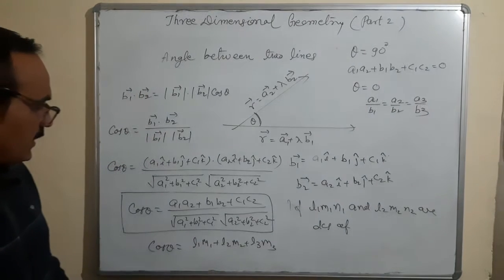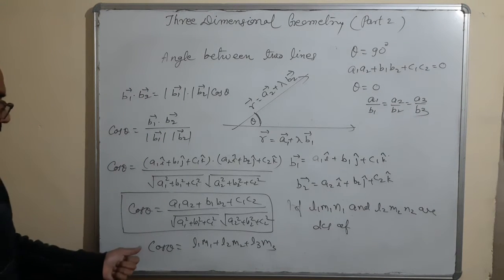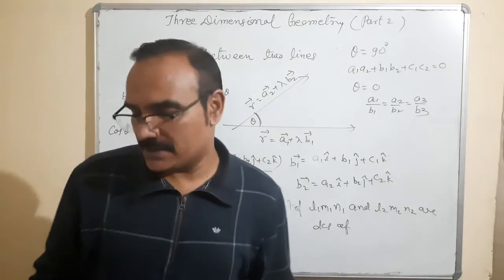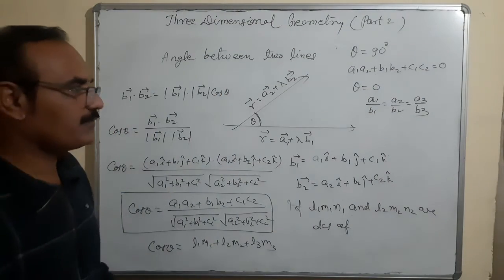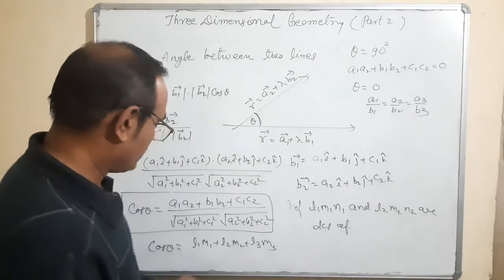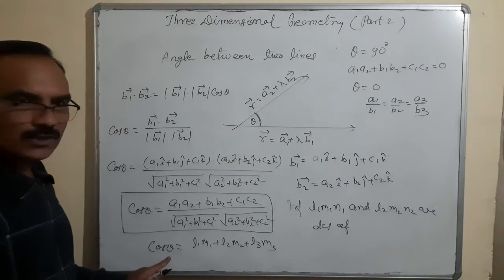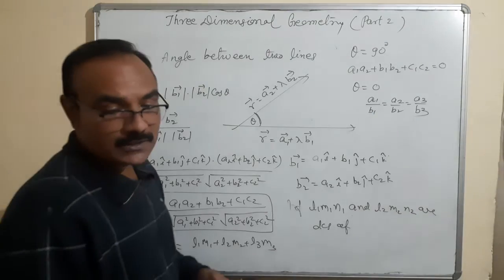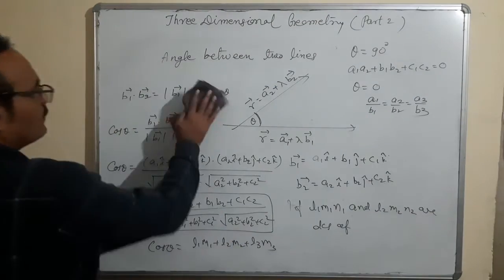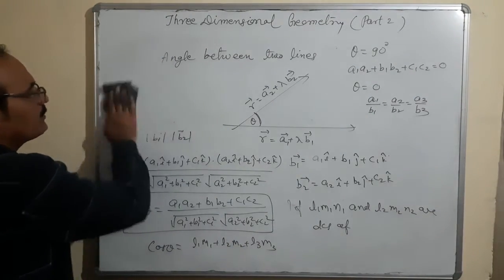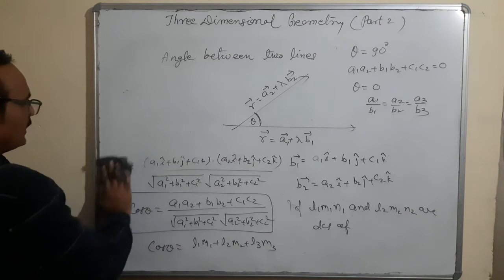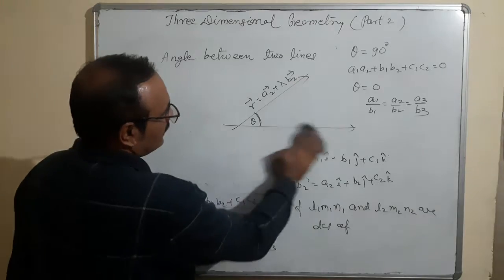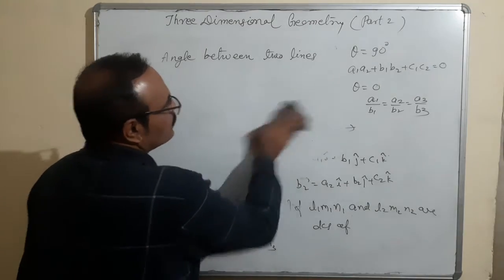One more thing: if we convert into the form of sine theta, it is not required in the question. Sine theta is equal to the root of (l1 m2 minus l2 m1) whole square plus (m1 n2 minus m2 n1) whole square plus (n1 l2 minus n2 l1) whole square.